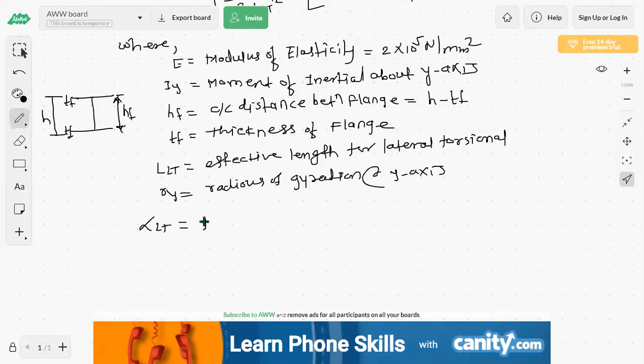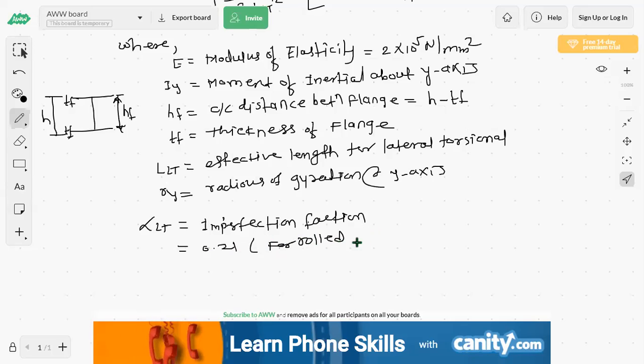Alpha LT is the imperfection factor, and that imperfection factor is 0.21 for rolled section and 0.49 for welded section.